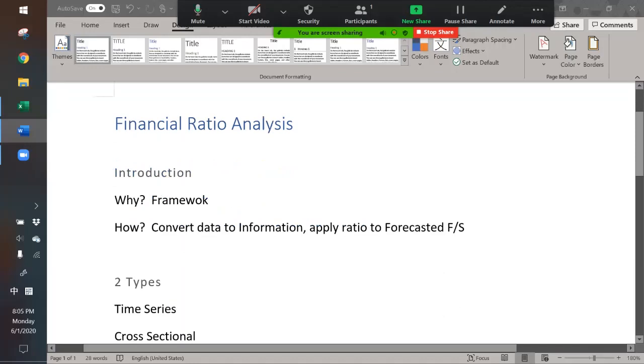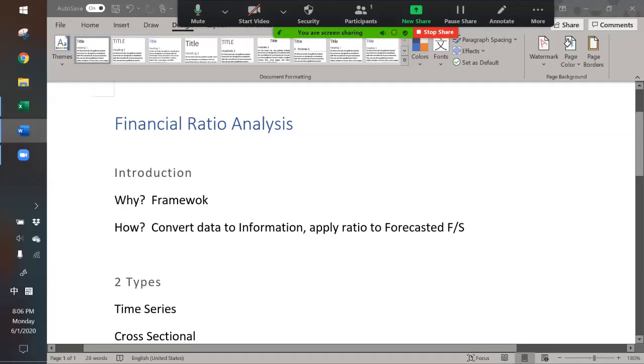There are basically two types of ratio analysis. Time series analysis means you compare the company's ratio to its prior years' levels. And cross-sectional means you compare the ratio to the corresponding ratio of its competitors.